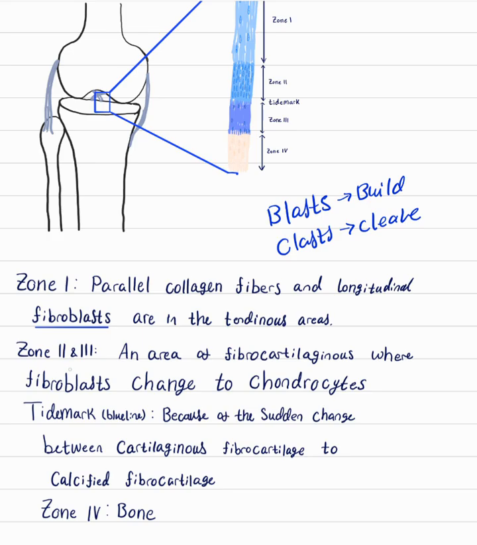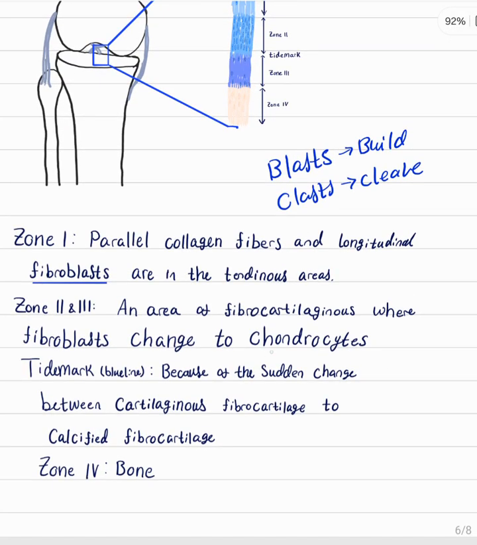Then zone 2 and 3 is an area of fibrocartilage where fibroblasts change into chondrocytes. Chondro is cartilage and cytes are cells, so they turn into cartilage cells.